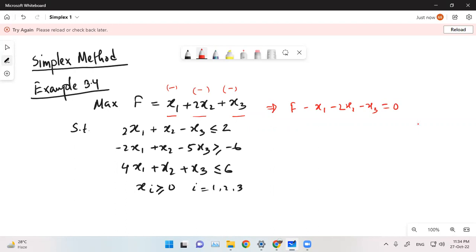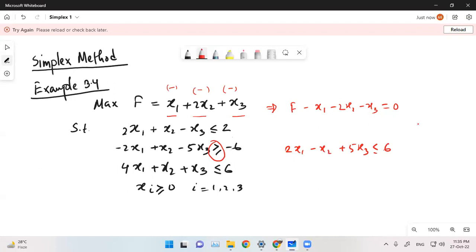This is the first thing. The second thing is that all the constraints have to be less than or equal to. If there is any greater than or equal to, then we'll convert it to less than or equal to. It's simple, just multiply by minus 1. Ultimately, it will be converted to 2x1 minus x2 plus 5x3 less than or equal to 6.